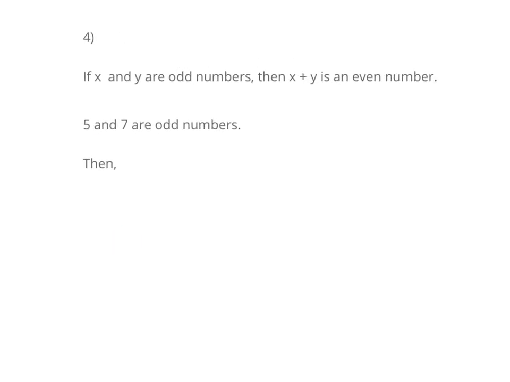If x and y are odd numbers, then x plus y is an even number. 5 and 7 are odd numbers. So what would our P be? If x and y are odd numbers. What's our Q? Then x plus y is an even number. So 5 and 7 are odd numbers, so therefore P is true.